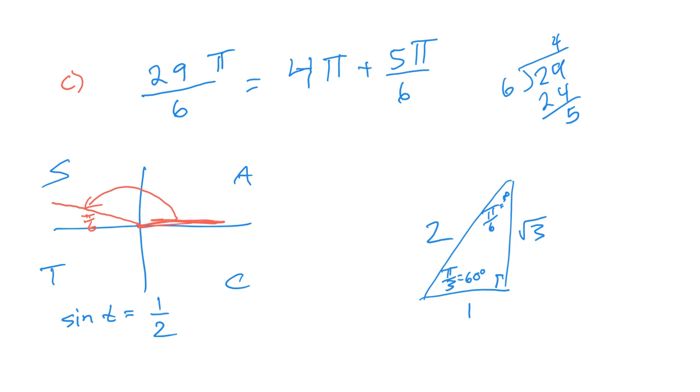But for cosine of t, our ratio is going to be √3 over 2. But because this is in the sine quadrant, this is negative.